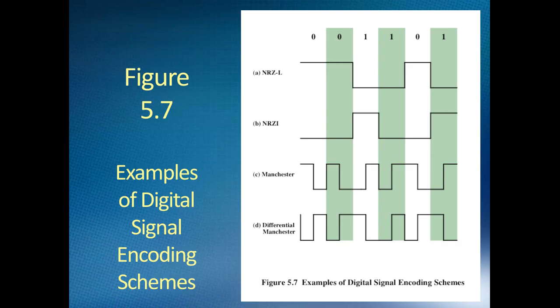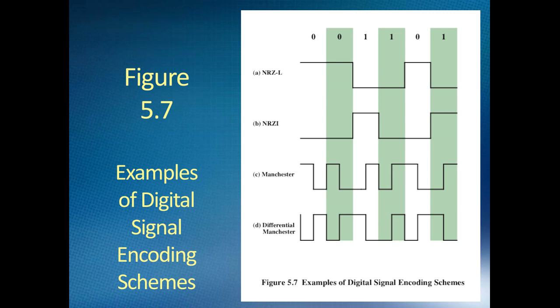Okay, now we have a very important slide here. Digital signal encoding. Remember before we talked about if I have digital data, how I encode it in an analog signal. Remember what are the three methods?